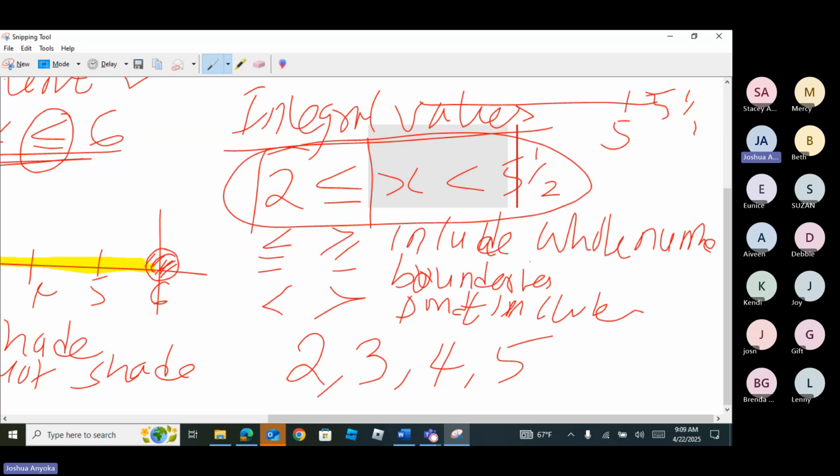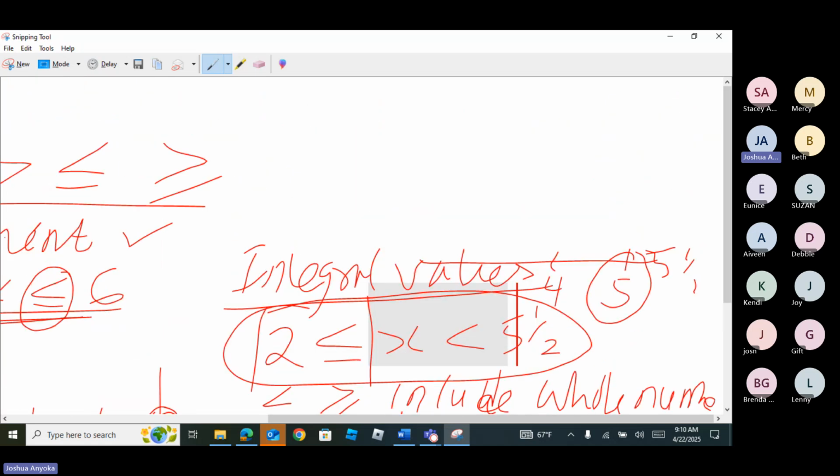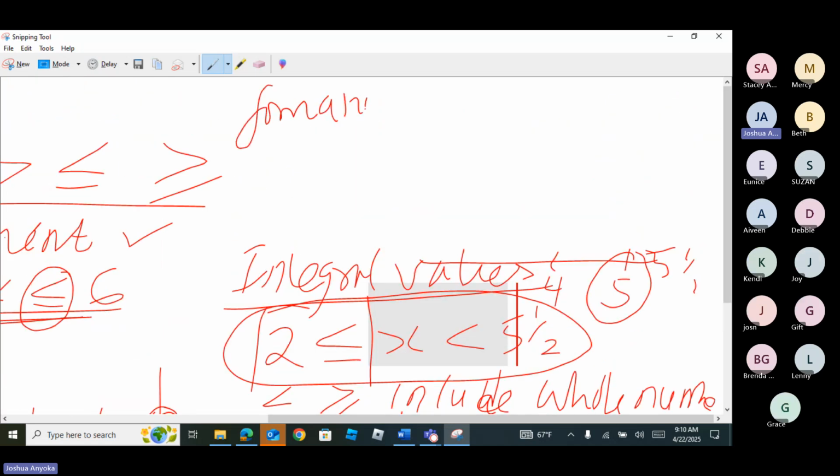We meet 5 first before we go to 5.5. So this 5 is included in the integral values. We have to be careful when we have fractions. Now the last bit of this one that we are supposed to know is formation of inequalities, and this one is from graphs.